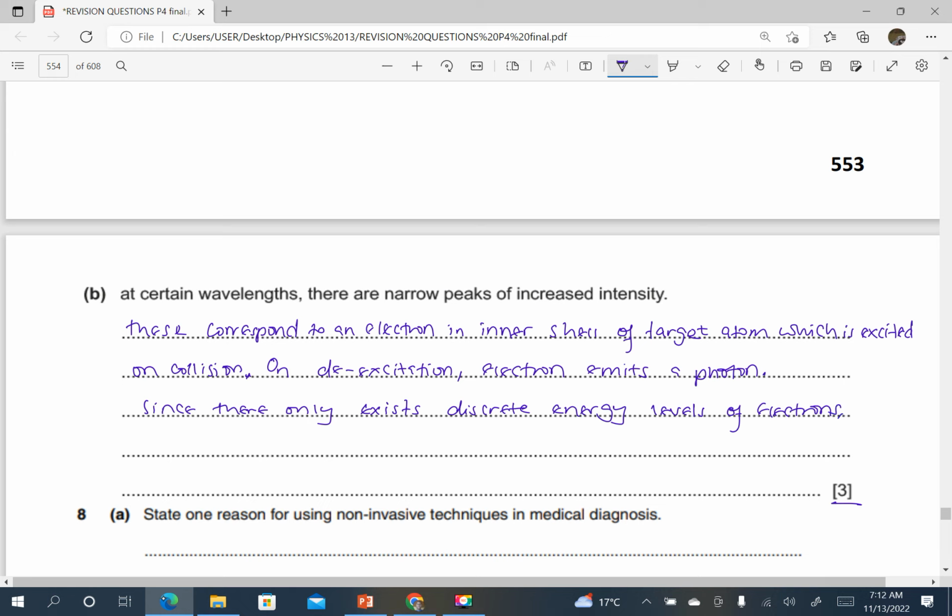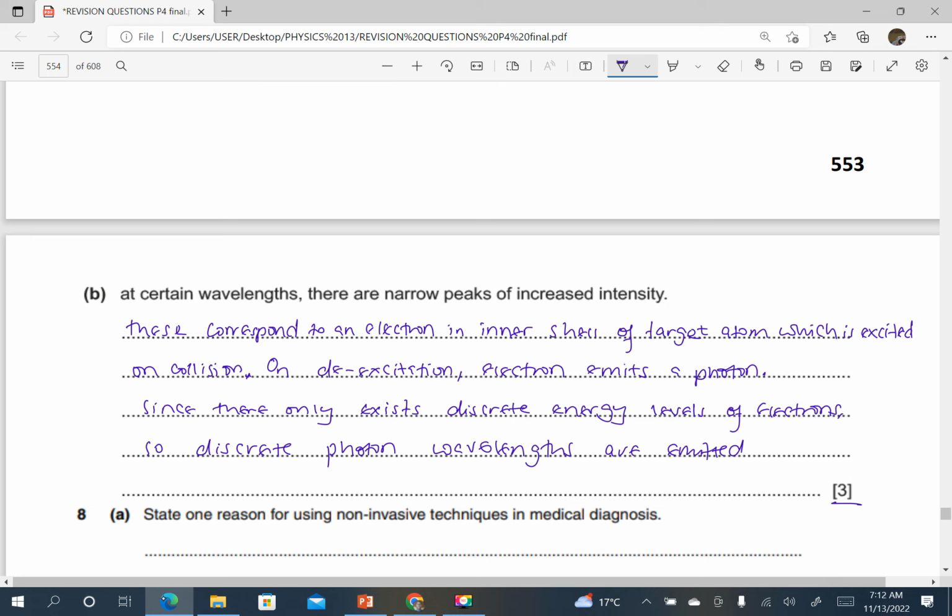So discrete photon wavelengths are emitted.